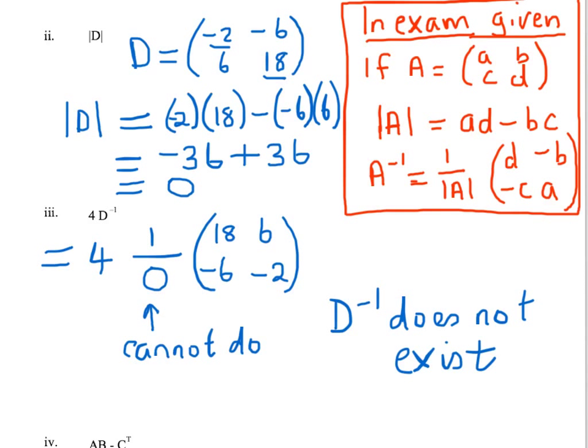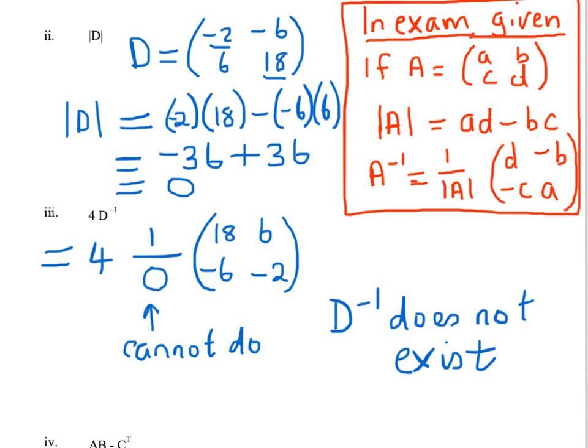For these two parts, there are a couple of things to remember. Firstly, the formulas for determinant and inverse are both given in the exam. It will be on the last page of the exam paper. Be very careful when you multiply signs that a minus multiplied by a minus is a positive number, and a minus by a plus or a plus by a minus will give you a negative number.